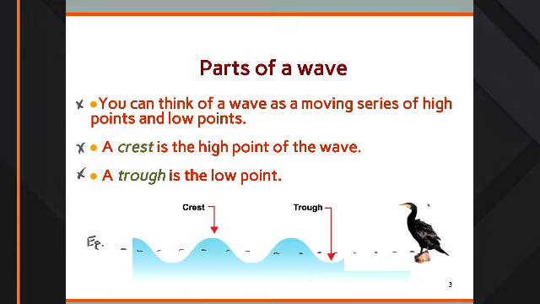Our crest is going to be the highest point of the wave. So the greatest amplitude up off of that equilibrium would be our crest. And then a trough, I mean, this isn't a hard thing to understand. If you're talking about a trough for a pig, the trough goes down into a valley. So here, the lowest point, we have our trough, the low point.